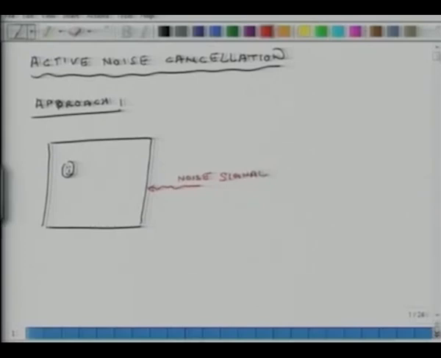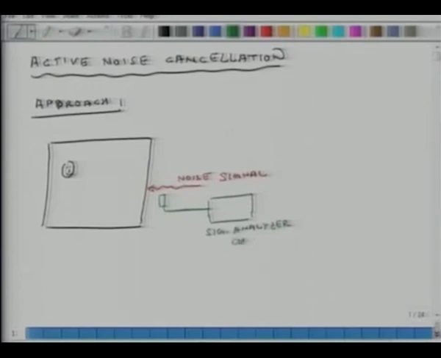To cancel this noise, I place a microphone near this noise source and send the signals to a box, which could be a combination of a signal analyzer and signal processor, or rather, signal analyzer and corrector.